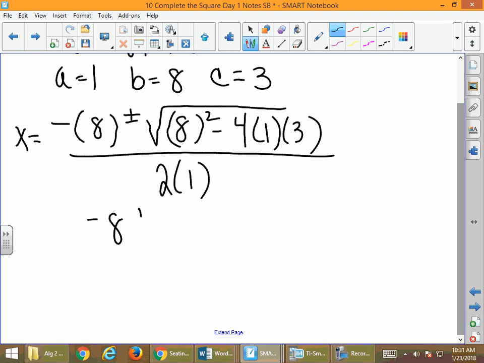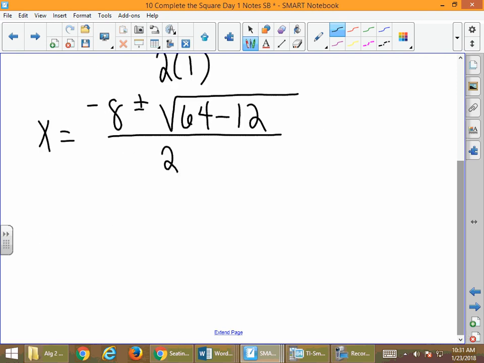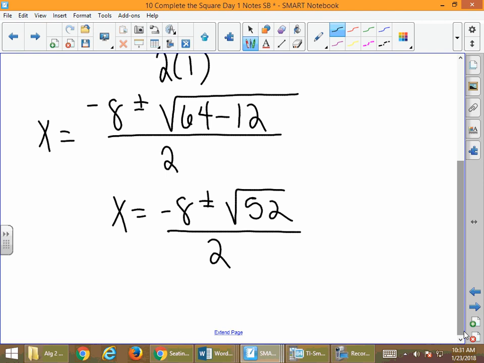This is negative 8 plus or minus the square root of 64 minus 12, divided by 2. And 64 minus 12 is 52. We are not done here.